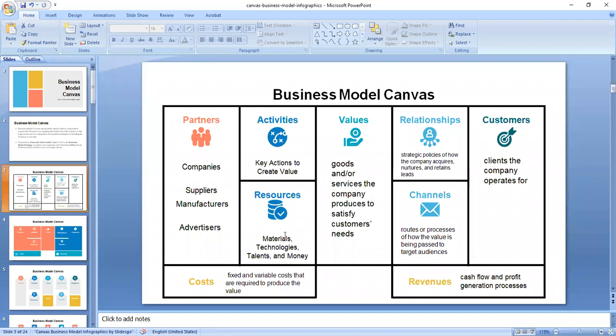But the third one is very important as well, your resources, the things that you need in your business. Not only the materials, but you are to think of the technologies associated with your particular product.